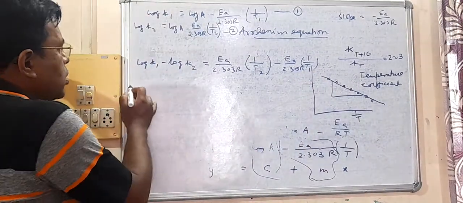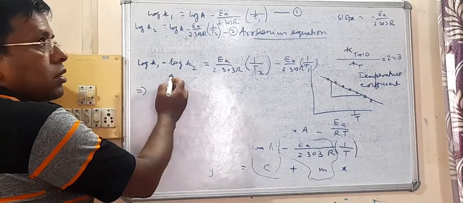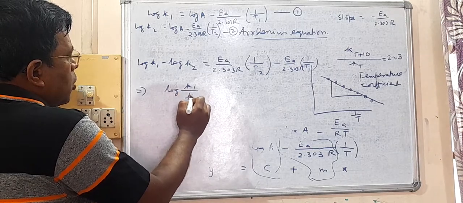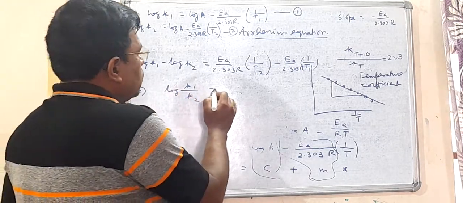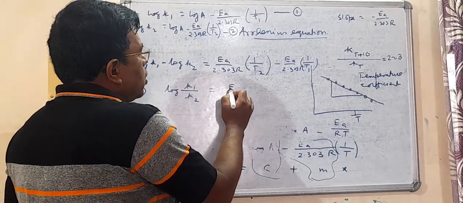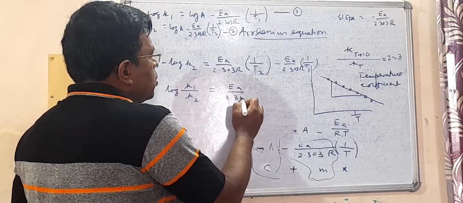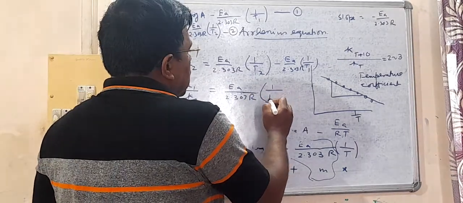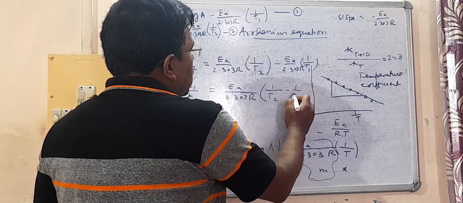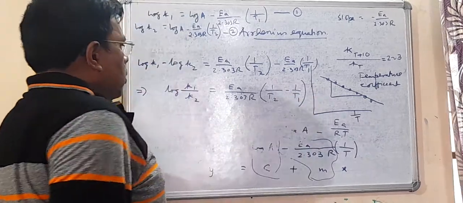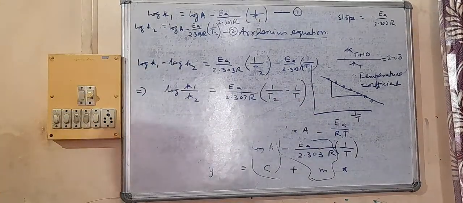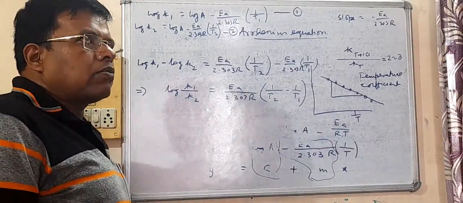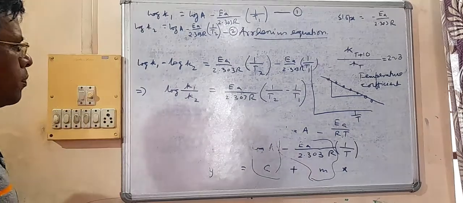So on simplifying this, we can write log of K1 by K2, and if I take EA by 2.303 R common, it will be 1 by T2 minus 1 by T1. So you will get numericals in exams to determine activation energy of a reaction.